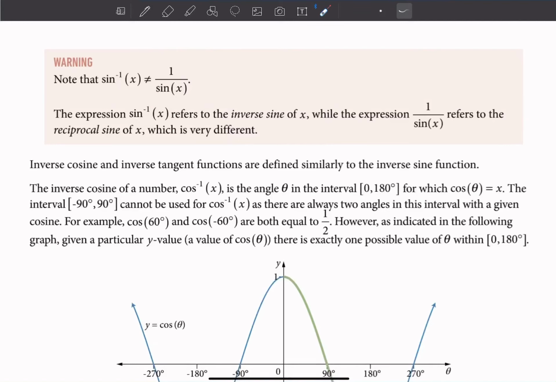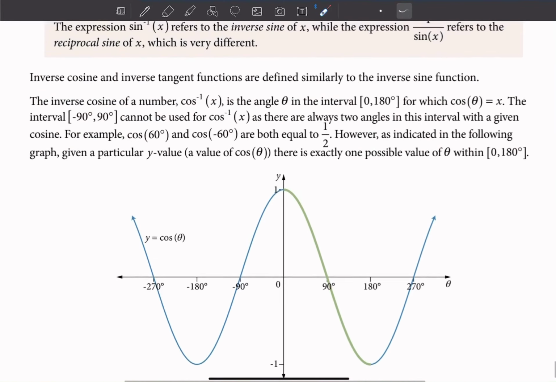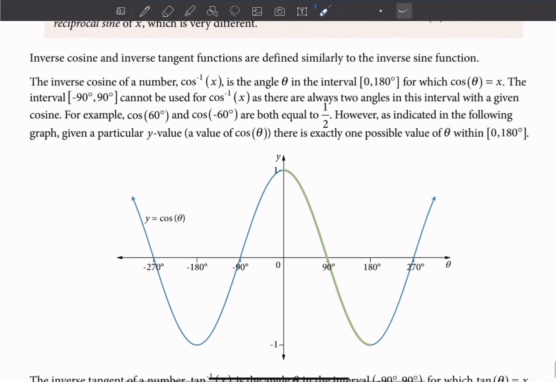Alright, so moving on. The inverse cosine and inverse tangent functions are defined similarly to the inverse sine function. So same kind of method here. The inverse cosine has an interval of 0 to 180.